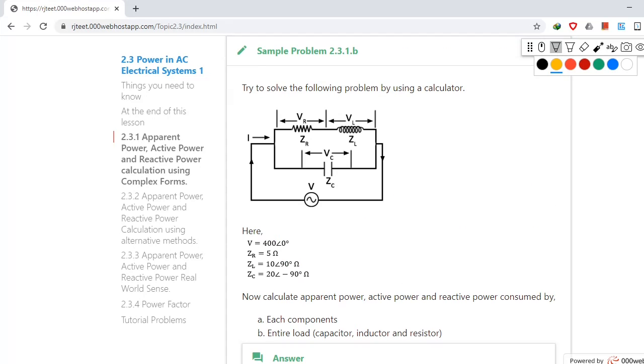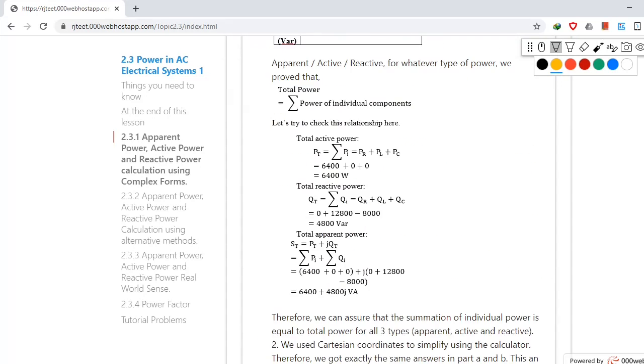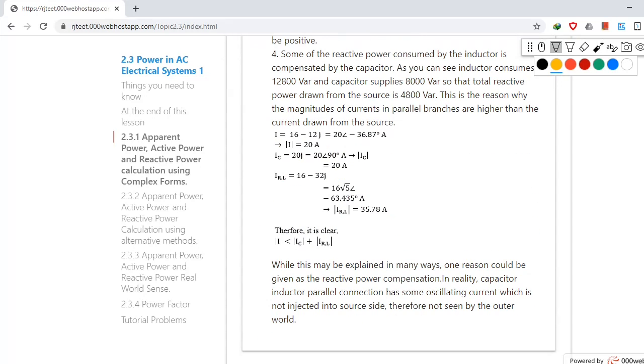If you consider the currents through the individual branches, right? The total current magnitude is just 20, but the IC branch alone has a 20 ampere current, and IR and IL branch has this much current.